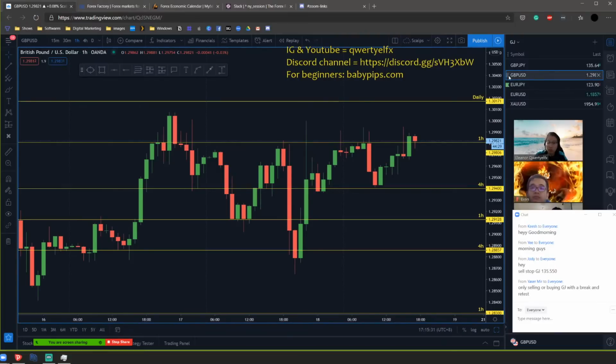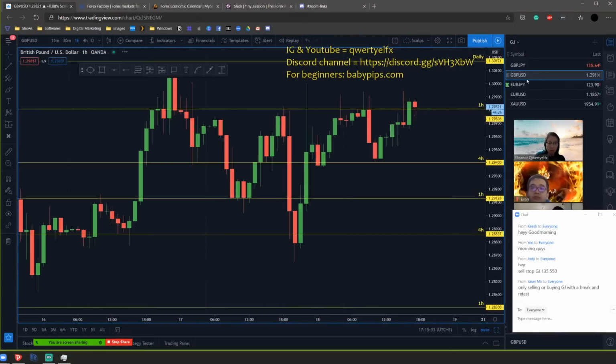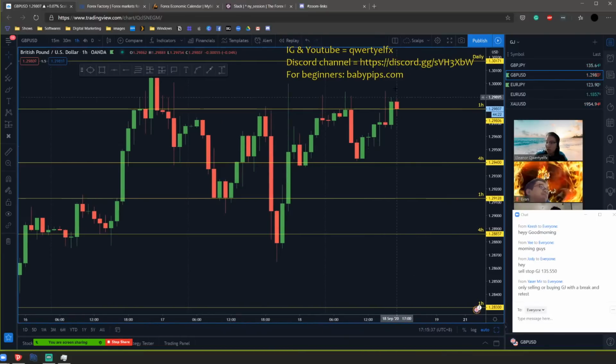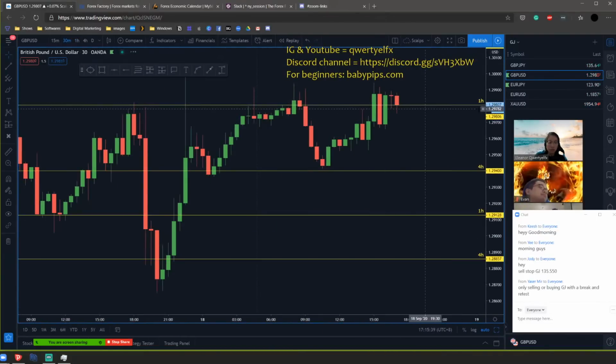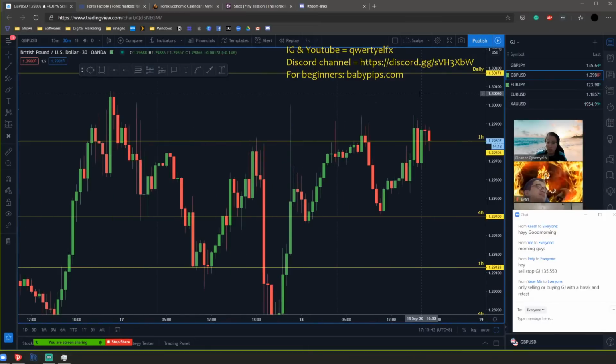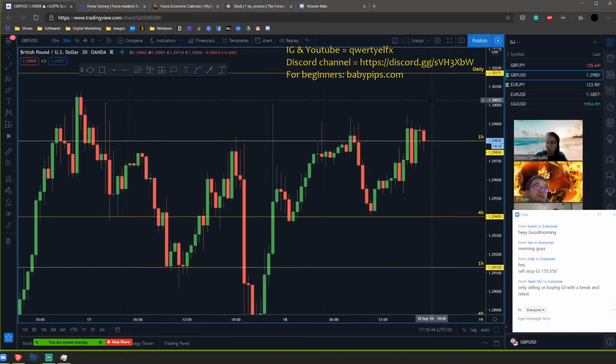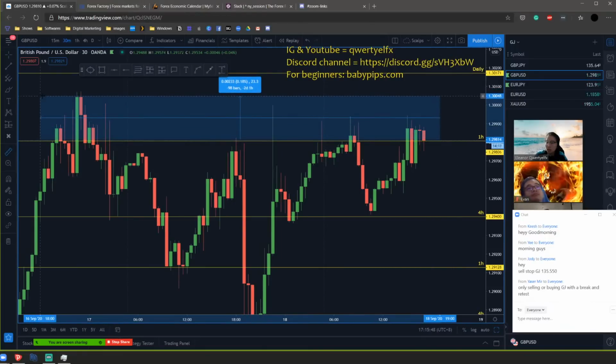GU potentially first. So I'll be looking at EJ and GU for the time being, focusing on GU to form support at this area on the 30-minute before I consider longs. So this whole area here will give me about a 20-pip move.